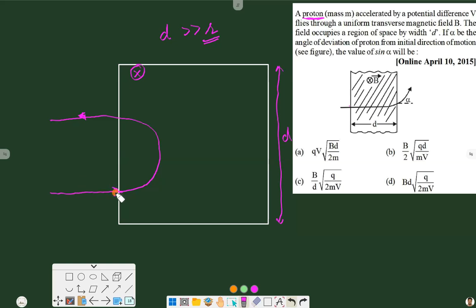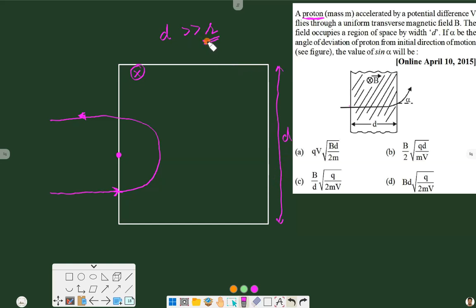So the point at which the particle enters acts as a point on the circumference of the circle which the particle will follow when it enters the magnetic field, and some point in between will act as the center of this circle. So this is the basic behavior. In some types of questions this distance d is less compared to the radius, and in some questions d is larger compared to the radius.